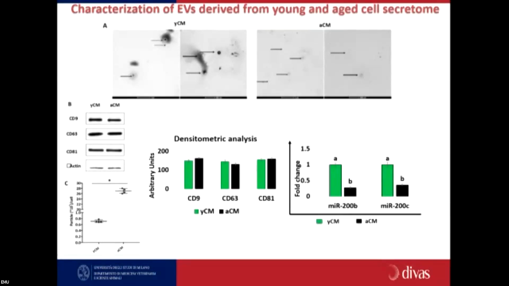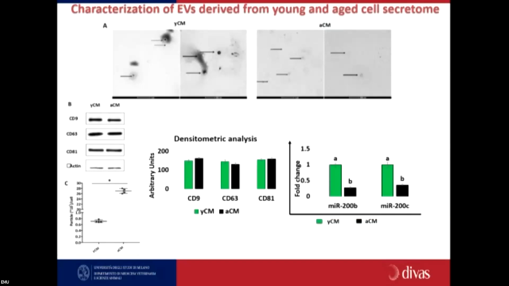So we collected EVs from both cell secretomes, so from young and aged cell secretome. We characterized EVs using TEM microscopy, and we saw that both samples contain EVs. We characterized also by Western blot for the typical markers, so CD9, CD63, and CD81.